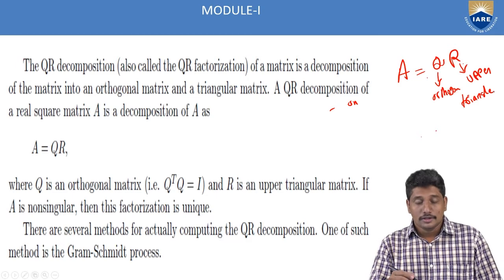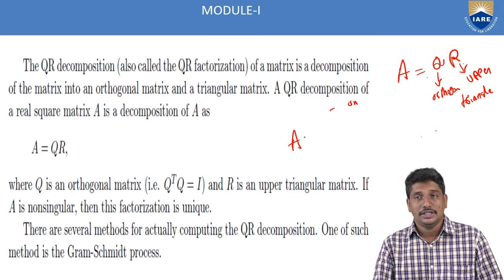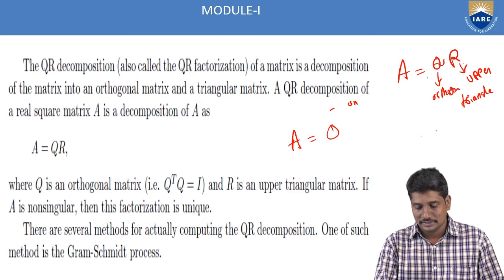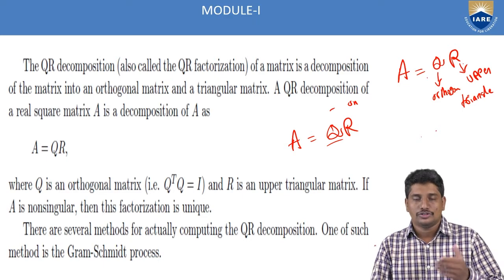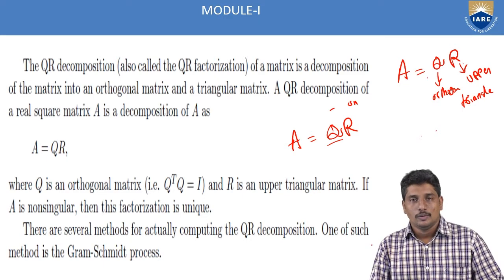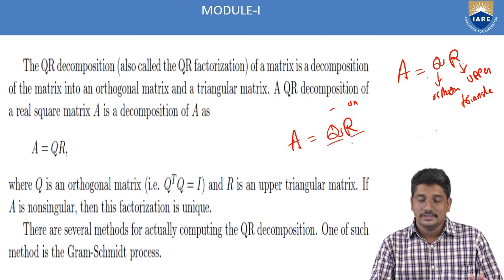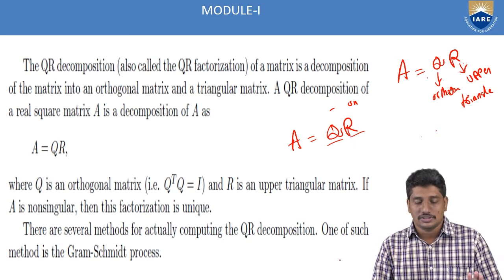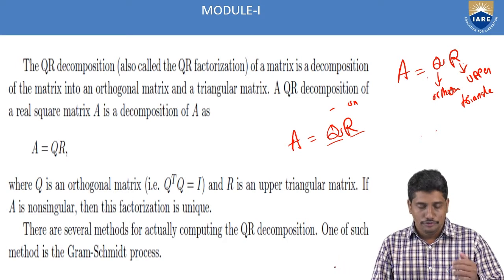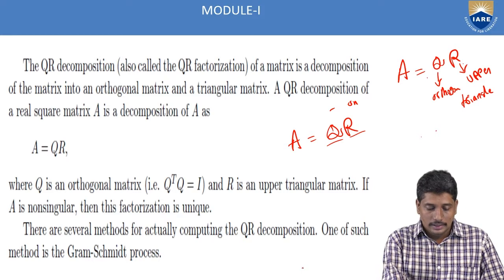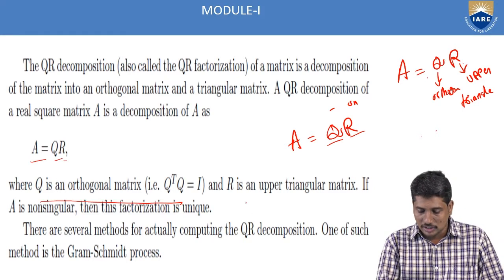So, under QR decomposition, we will decompose a given matrix A into a product of two matrices Q and R, where Q is an orthogonal matrix. Of course, I am going to explain what we mean by orthogonality of a matrix. As well, R is the second matrix, an upper triangular matrix. Of course, the meaning will be explained in a few minutes. And here A is written as Q into R, where Q is an orthogonal matrix and R is an upper triangular matrix.